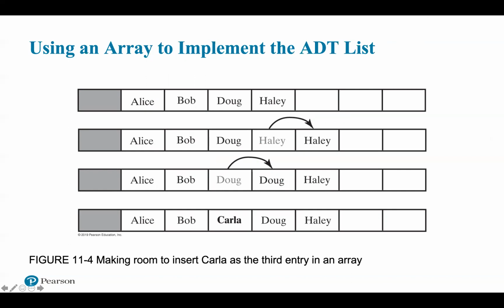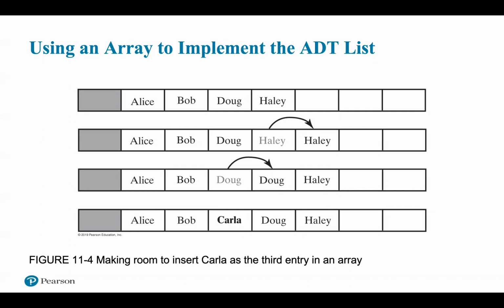This gets into the private method makeRoom. The next study question asks you to implement the private method makeRoom. In most cases, the method shifts list entries towards the end of the array, beginning with the last entry, as Figure 11.4 illustrates. However, if the given position is the number of entries plus one, the addition is at the end of the list, so no shift is necessary.